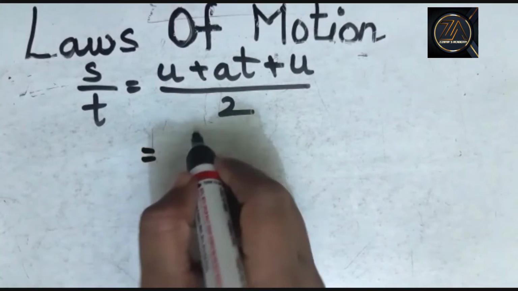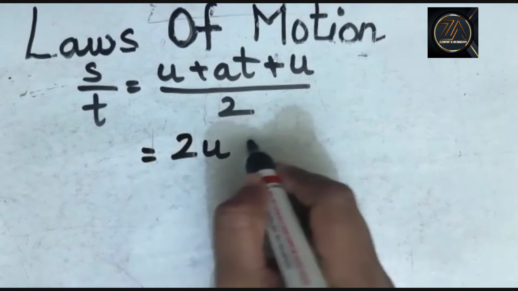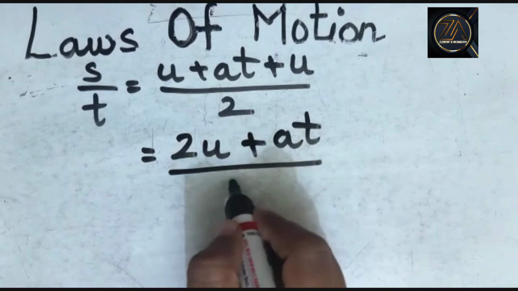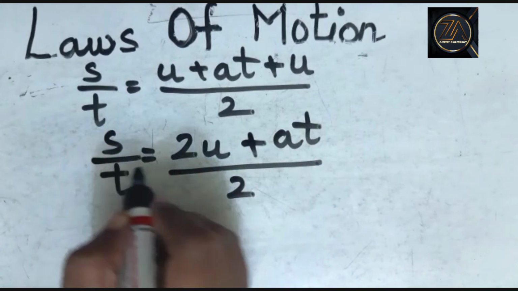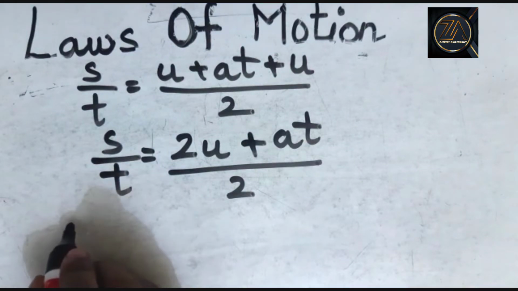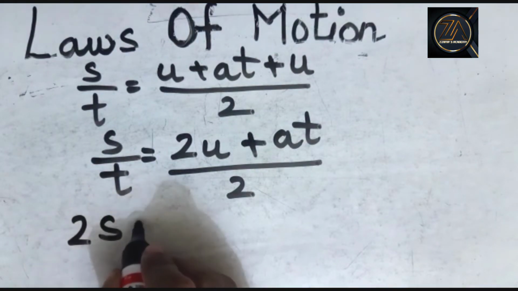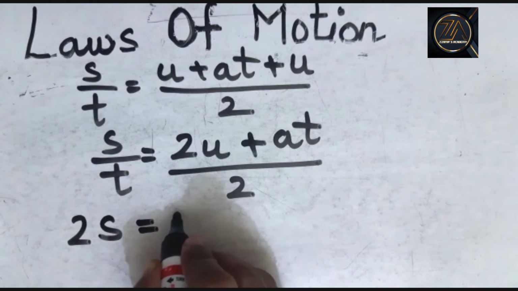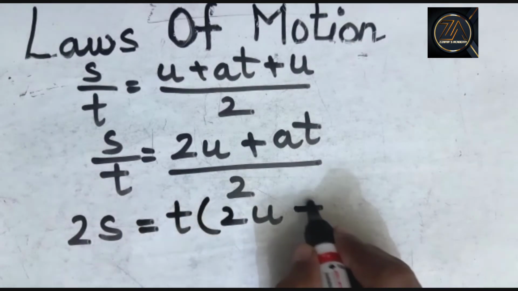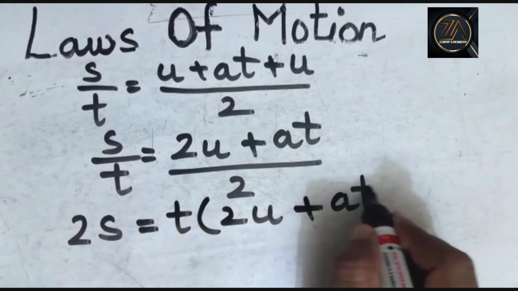Now here we get 2u plus at upon 2. Cross multiply. So what we get? 2s equals t multiplied by 2u plus at.